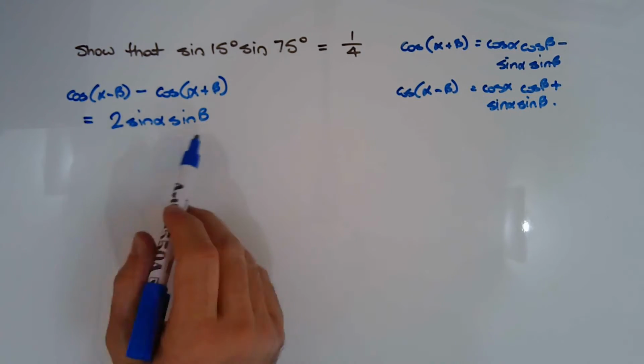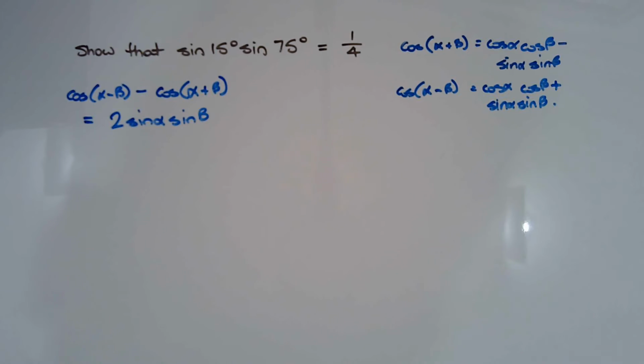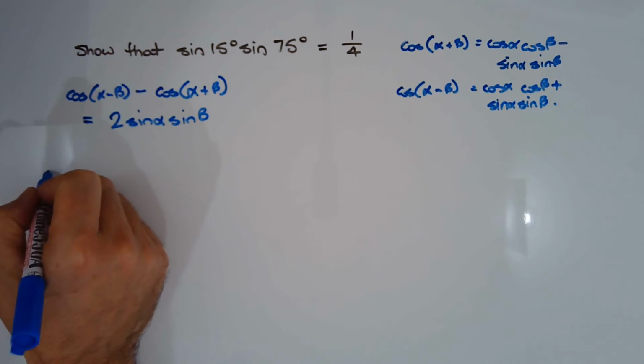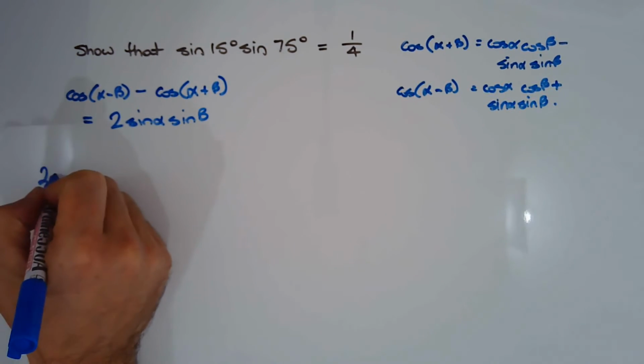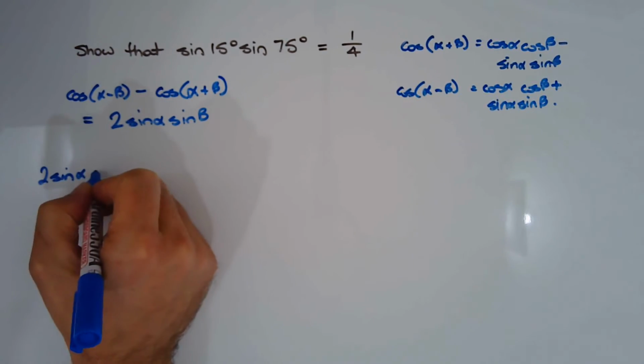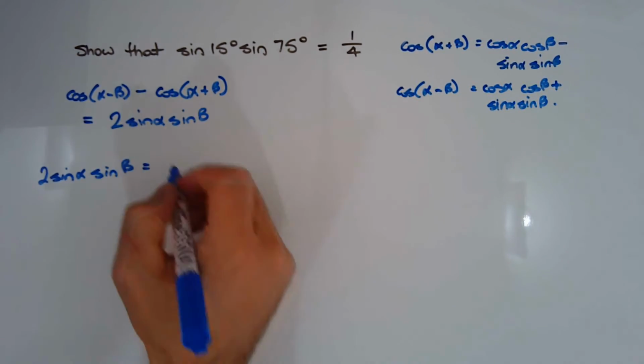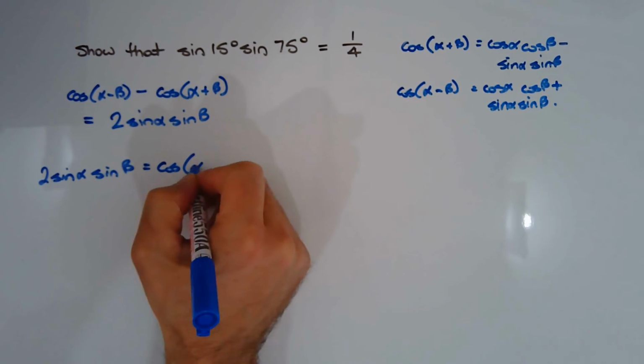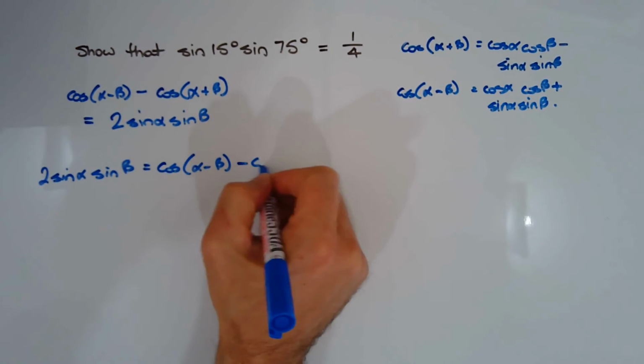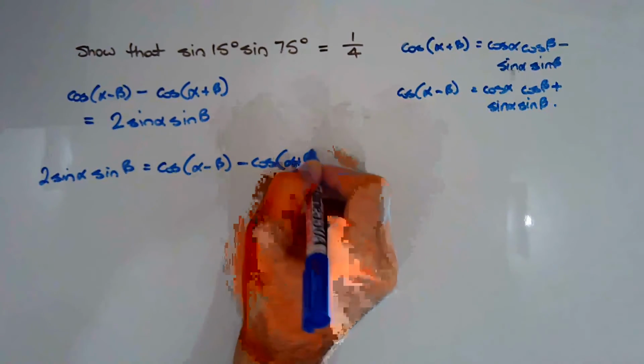Now, we need to assign values to alpha and beta. So 2 sine alpha sine beta is equal to cos of alpha minus beta minus cos of alpha plus beta.